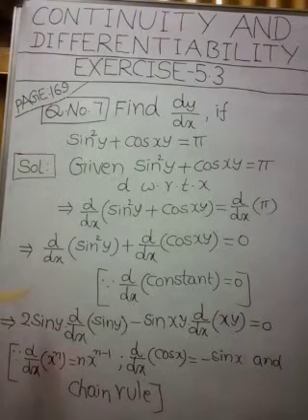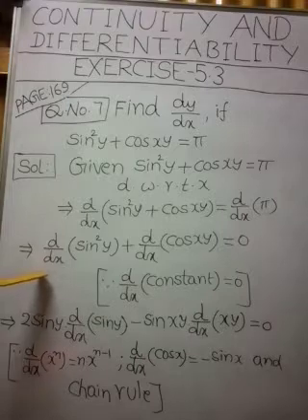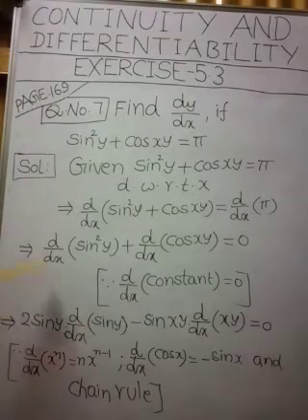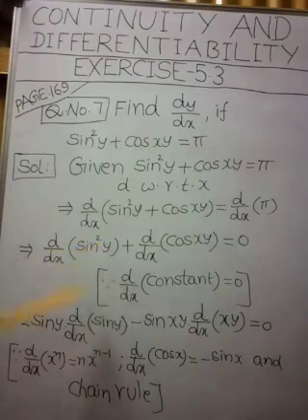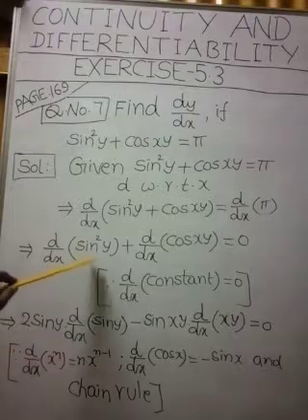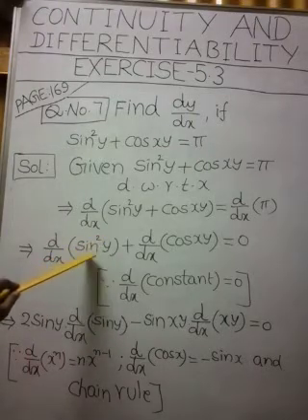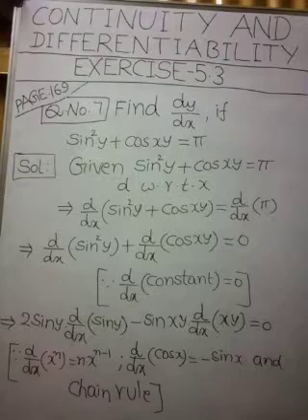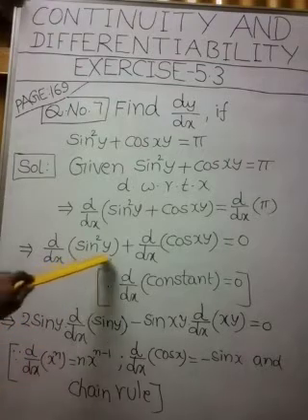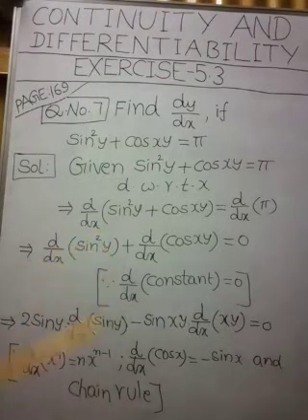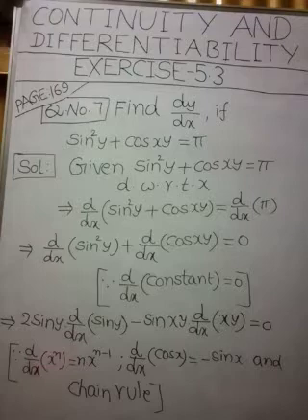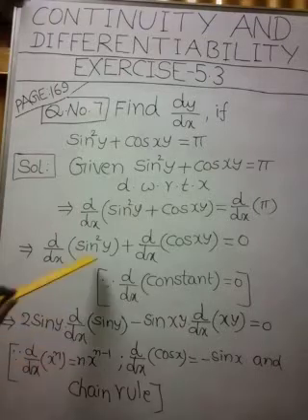Now again come to the LHS. This implies d by dx of sin square y. This is the first term. We have to find the derivative of this first term. If you observe, it is in the form of x power n. Here x means sin y, n means 2. Compare this function with x power n.